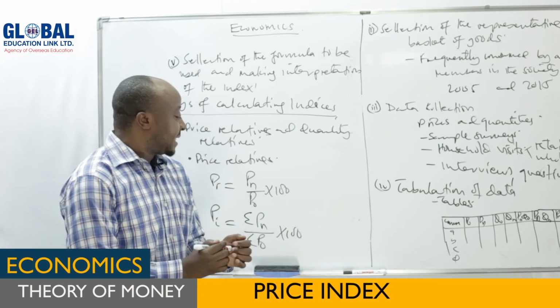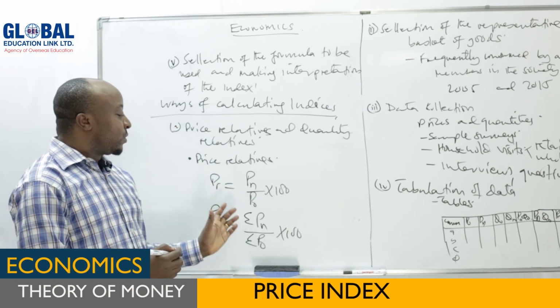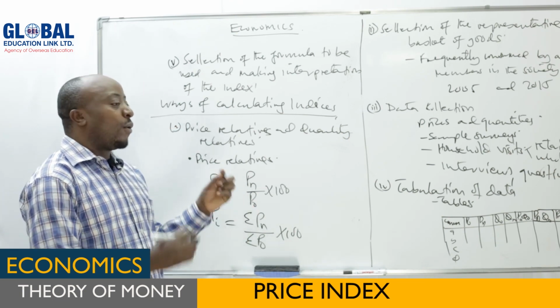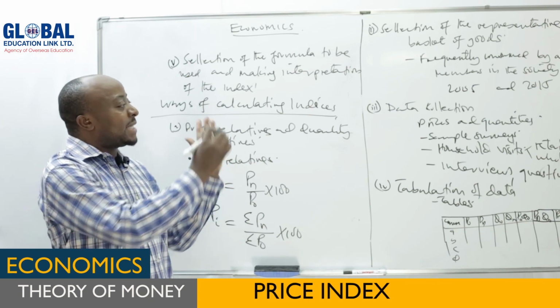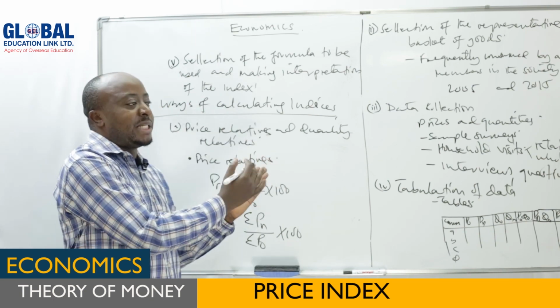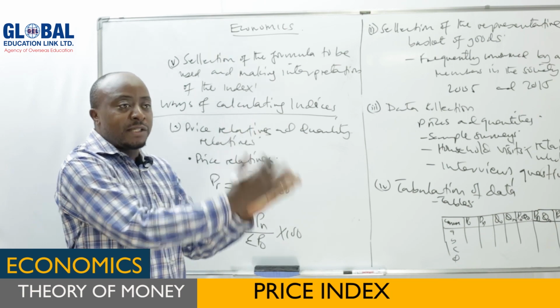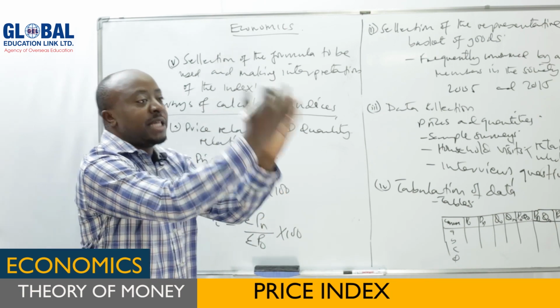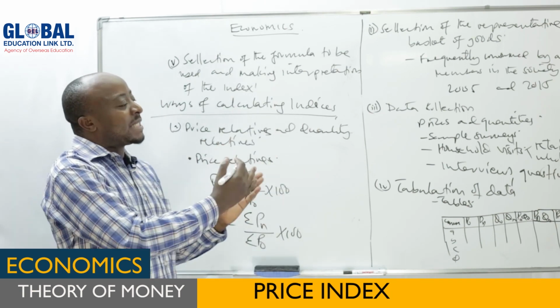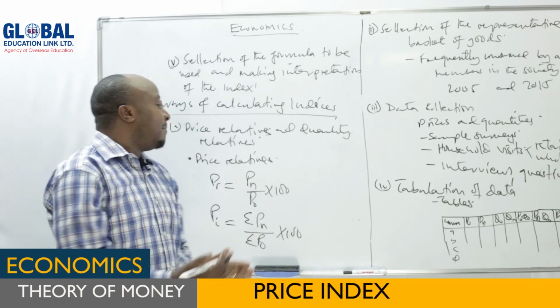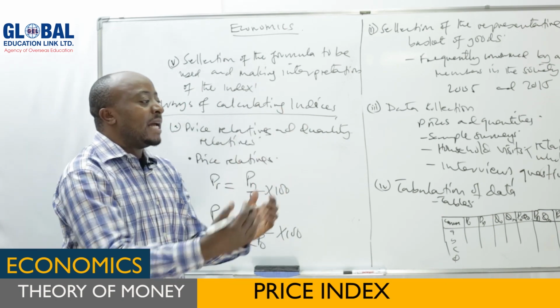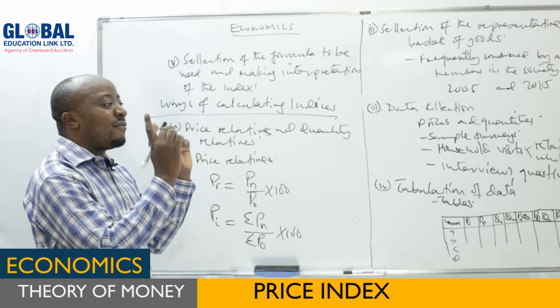It means the first one, price relative, is used when we have only one item. That means, for example, this is the price of meat. In 2010 it was this one, in 2020 it was this one. So you take the price in the current year, which is 2020, and divide by the base year, which is 2010, then multiply by 100 when we have only one item.